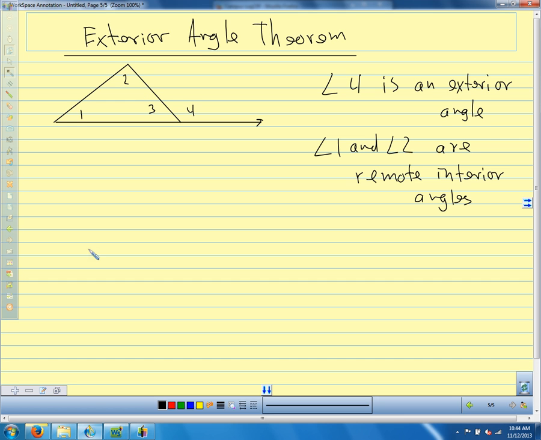The exterior angle theorem says that the measure of angle 4 equals the measure of angle 1 plus the measure of angle 2.